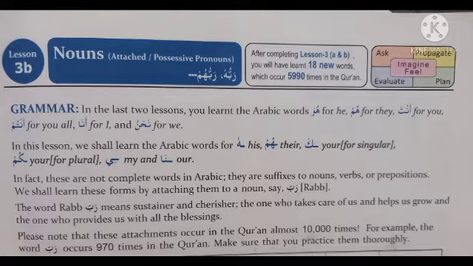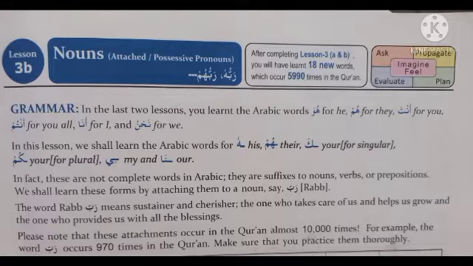And for first person, instead of I, it will be ya with kasra, and we will pronounce it yi. And for nahnu, we will say na. Now we are talking about the meanings of them. Hu means his, singular, third person.